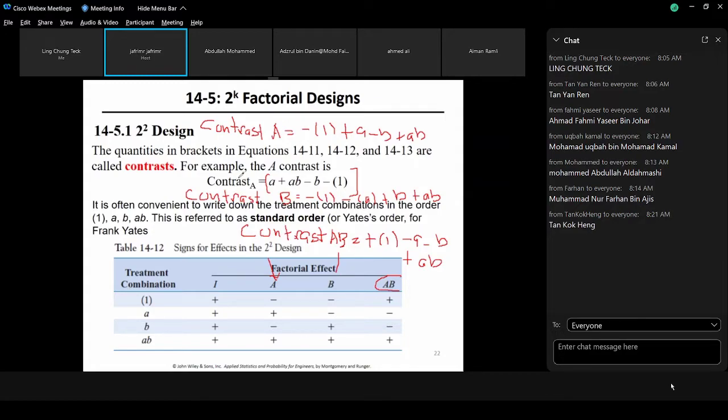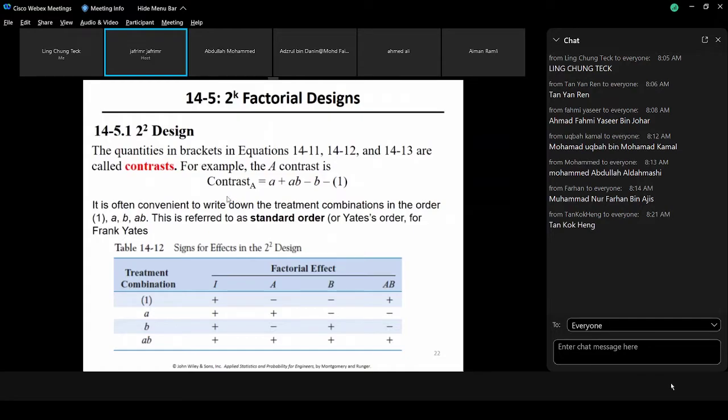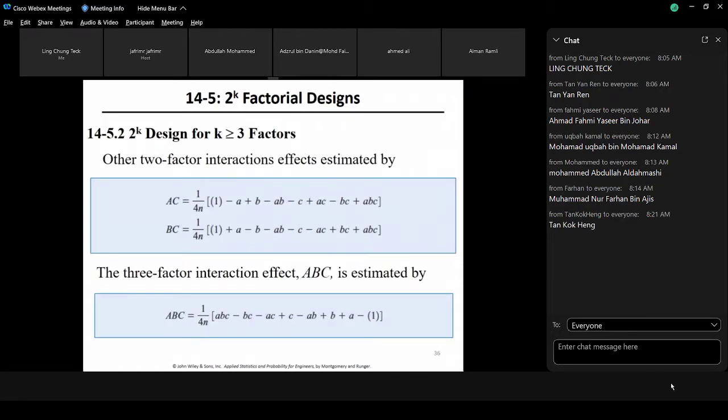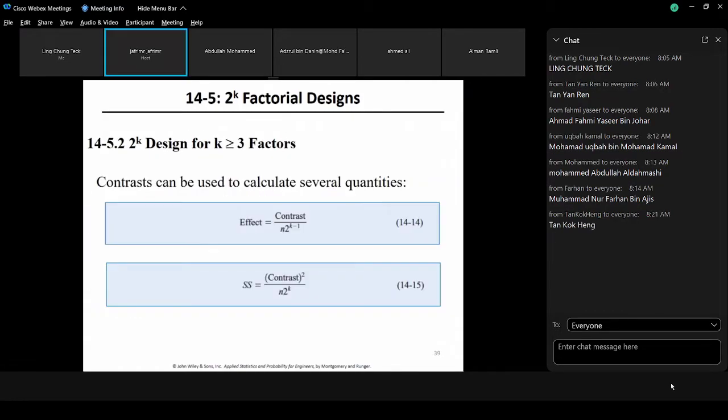Why do you need to know contrast? You can calculate any effects using this formula.